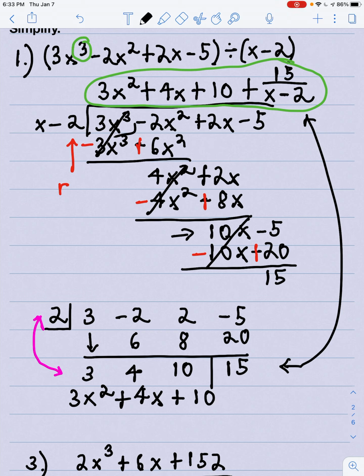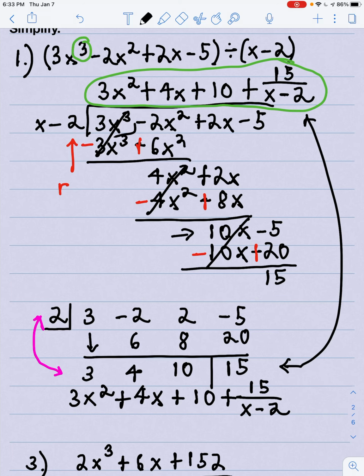The degrees just decrease by 1 each column, and then the 15 is our remainder. And we do not put that over the 2 in the half box. We actually put it over the divisor, which is the x minus 2.